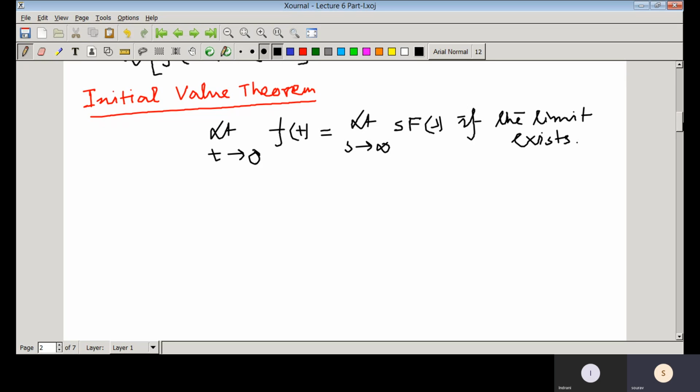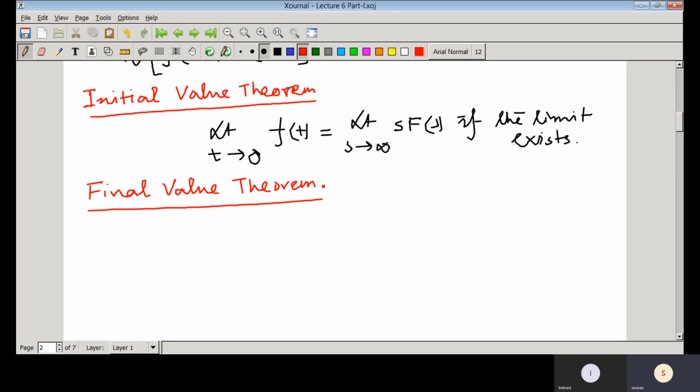And there is another theorem we will be using explicitly in this course, that is the final value theorem. It is just the opposite of the initial value theorem.